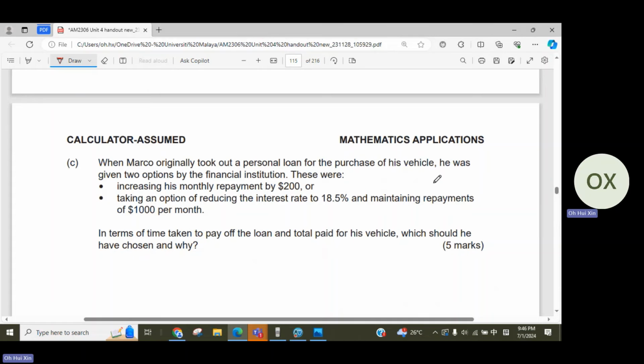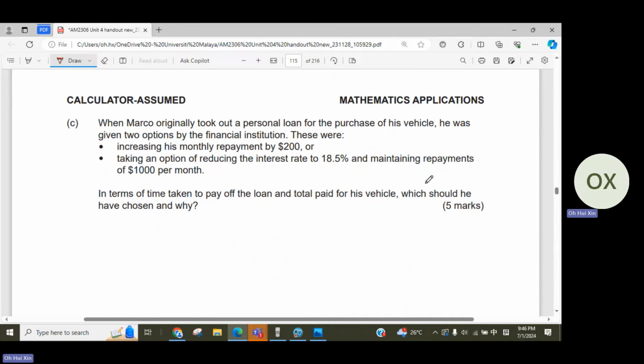When Marco originally took out a personal loan for the purchase of the vehicle, he was given 2 options by the financial institution. One is to increase the monthly repayment by 200, and the other is maintaining the repayment at $1,000 but reducing the interest rate to 18.5%. The question asks, which option should Marco go with, considering the time taken to pay off the loan and also the total pay?